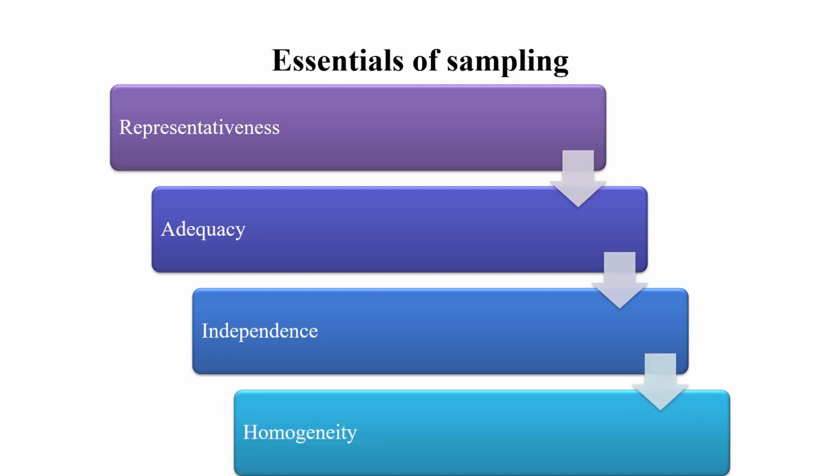Homogeneity: it means that there is no basic difference in the nature of units of the universe and that of the sample. If two samples from the same universe are taken, they should give more or less the same result.